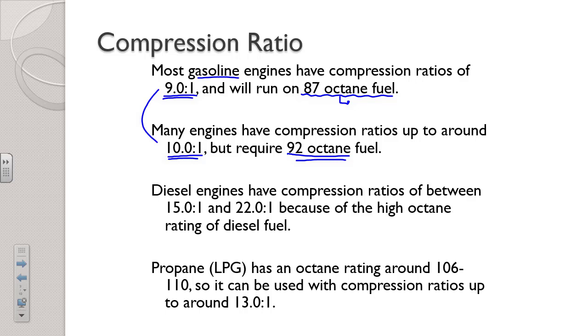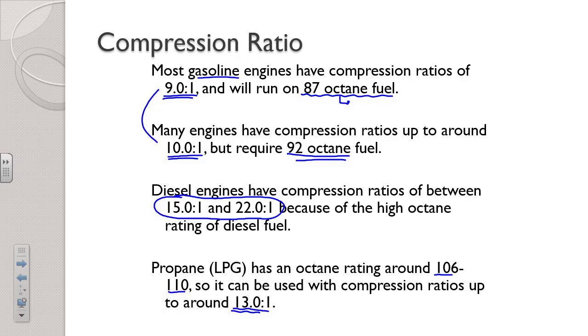Diesel engines, the diesel fuel can be squeezed more. Since diesel fuel is less volatile, or a little bit less explosive, it can be squeezed a little bit more. 15 to 22 to 1 is typical. And for propane engines, their octane rating is around 106 to 110. That's in the neighborhood of racing fuel. And racing fuel and LP can both be squeezed about 13 to 1.